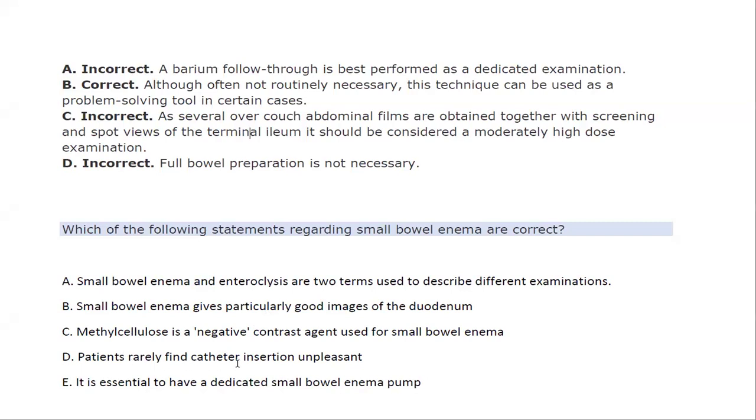Patients rarely find catheter insertion unpleasant. It's essential to have a dedicated small bowel enema pump. They are asking about the technique itself, and it can come up in the exam. Okay.